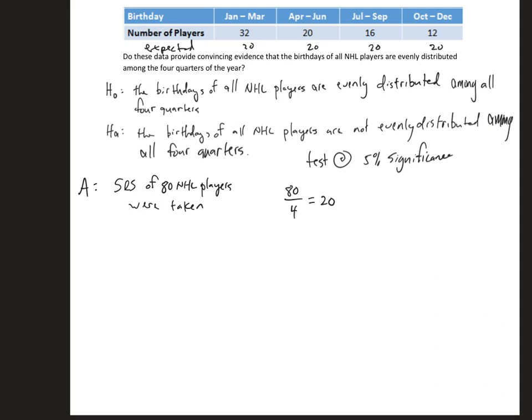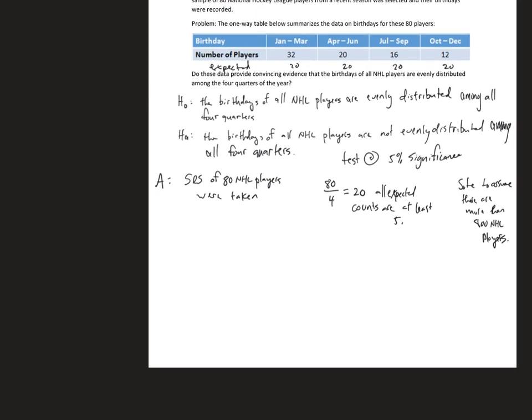So all expected counts are at least 5. And lastly, it is safe to assume there are more than 800 NHL players. I think for one season, that is safe to assume. All right, so I've got the assumptions taken care of.